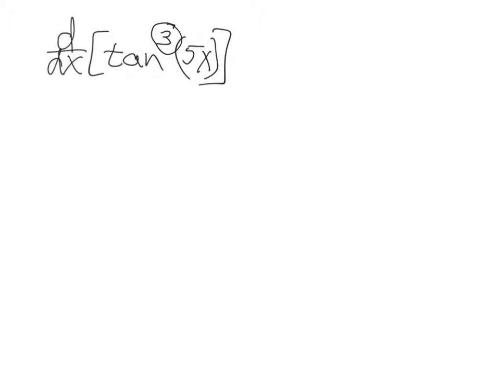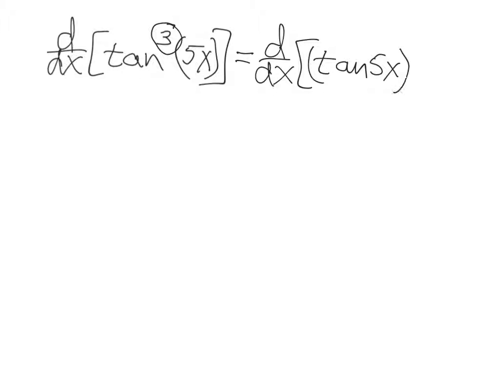And for my brain, it works better if we change the form to tangent of 5x, quantity to the 3rd power. And that way I say, oh, okay, the cube is the outside part of it. So to do this derivative, we'll have a chain rule. Well, technically, we'll actually have 2 chain rules, but we'll get to that.